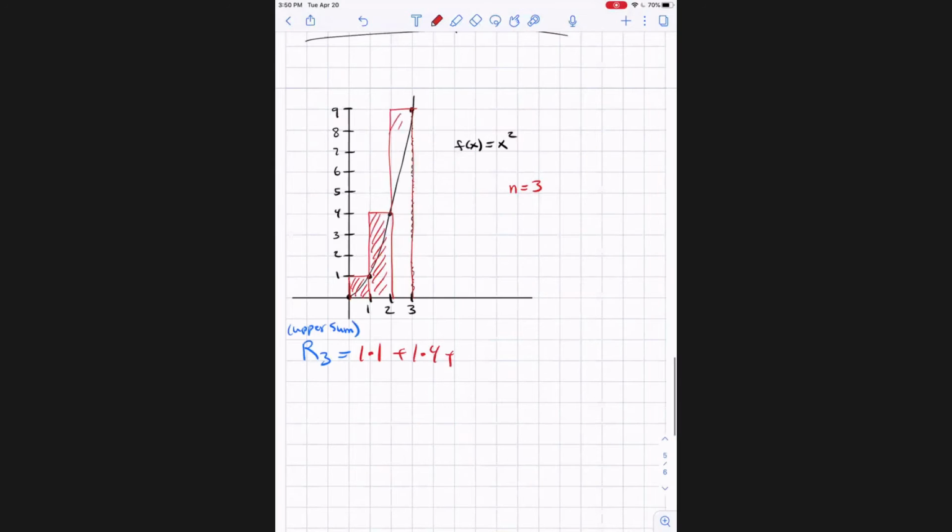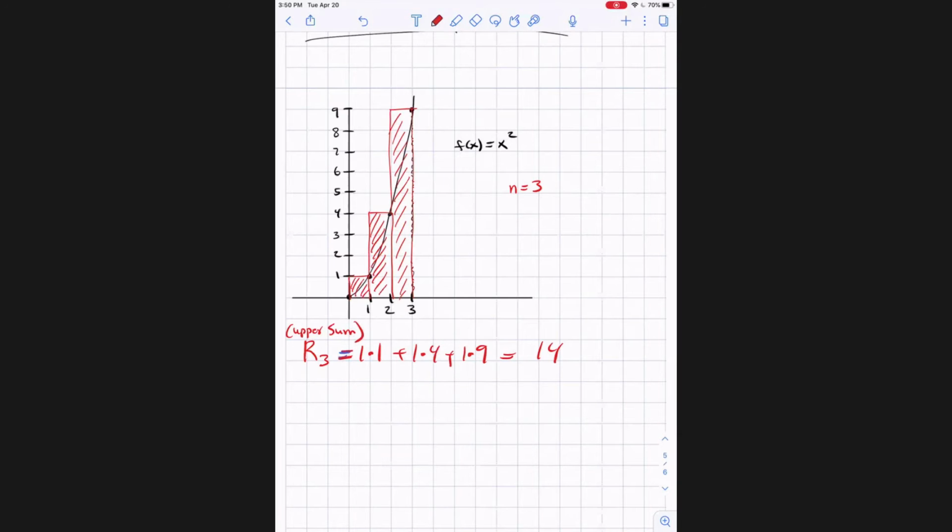What's the area of this third rectangle? 1 times 9. And if you add them all up, you get 14. So R3, the upper sum in this case, is 14. Now that's not the exact area, that's the area using the right-hand side.